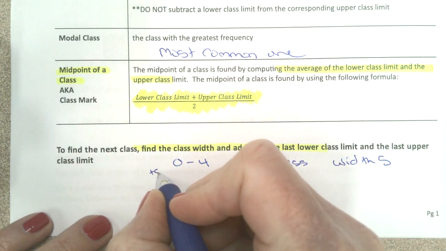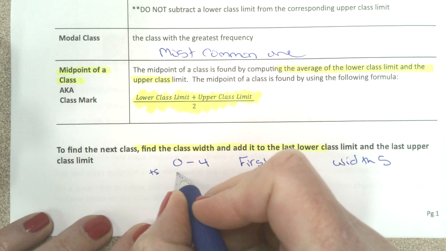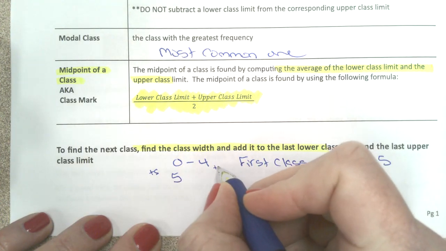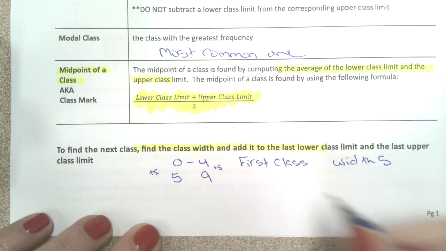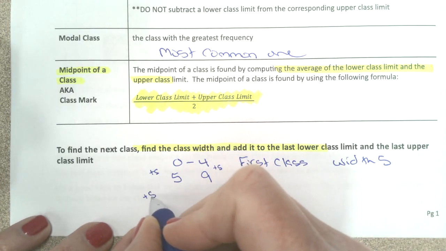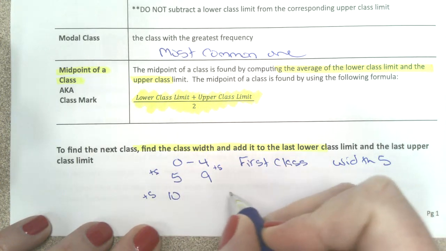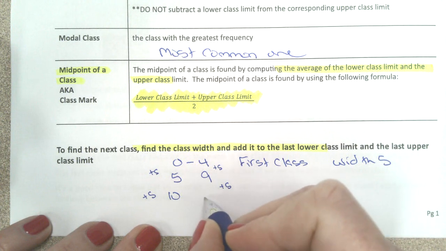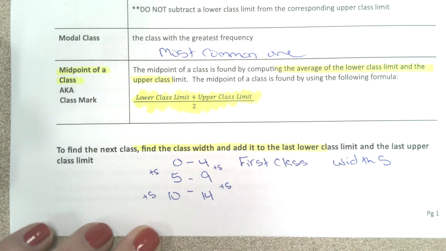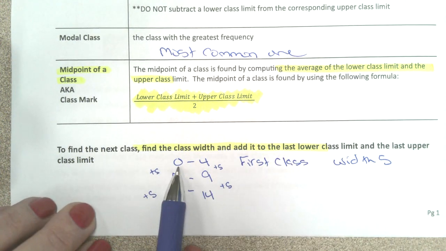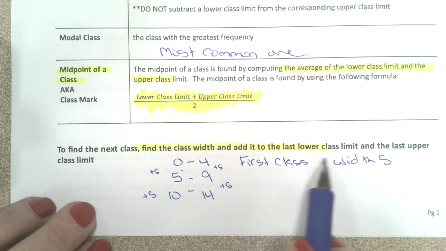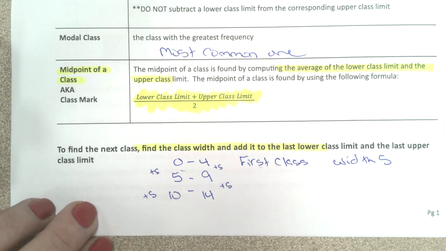So you add 5 over here: 0 plus 5 is 5. Then you add 5 over here, you get 9. Add 5 over here and you get 10. Add 5 over here and you get 14. So it is completely possible that you're going to be given the first one and told what the width is, and then you're going to have to create your own.